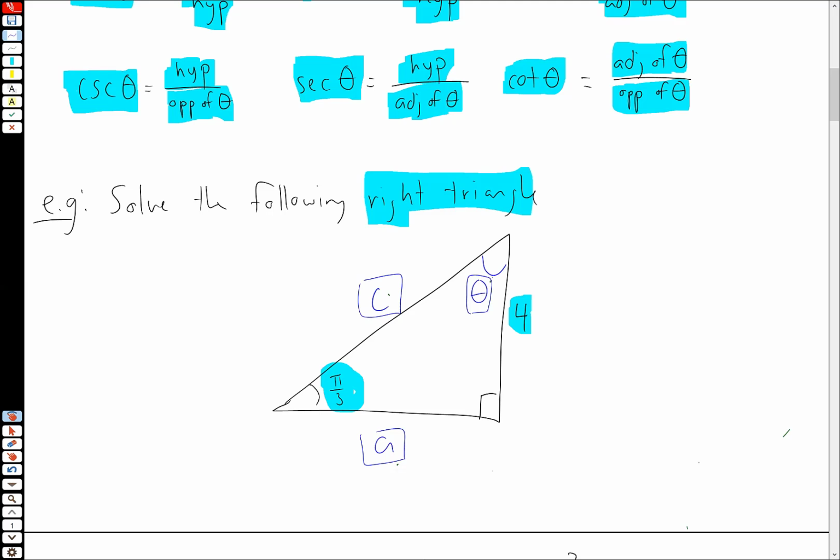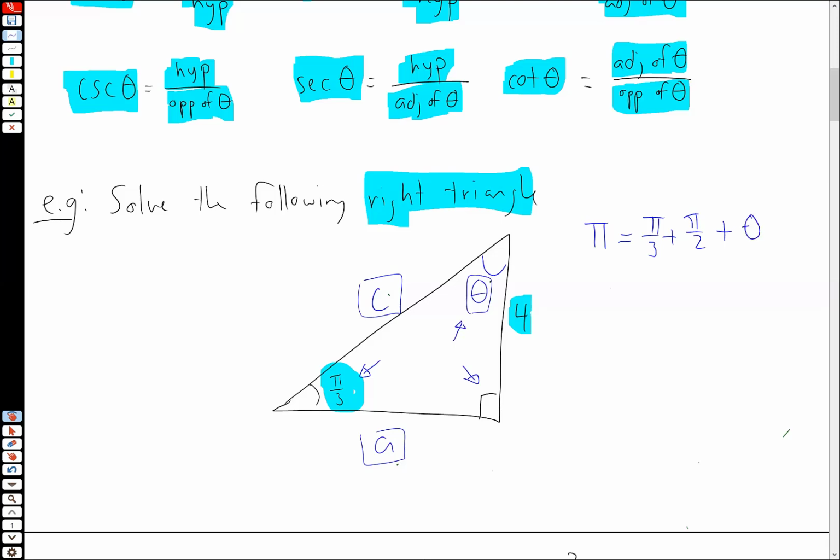Well, remember, what happens when you add up all the angles in a triangle? If you're thinking radians, if you add up all the angles in a triangle, you get pi, or 180. So pi is equal to pi over 3, this angle right here, plus what's 90 degrees in radians? That's pi over 2, plus theta.